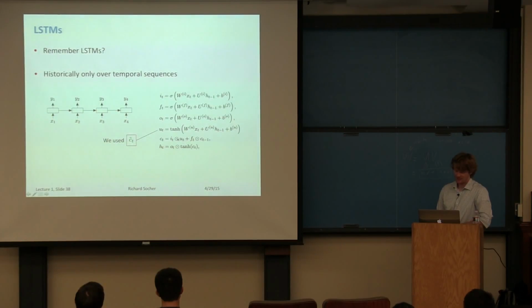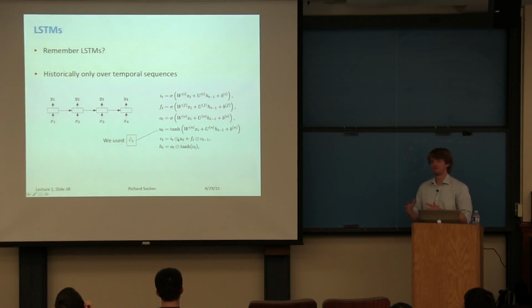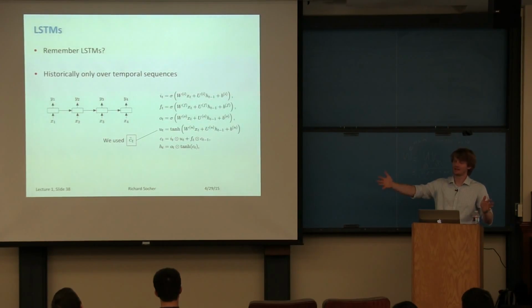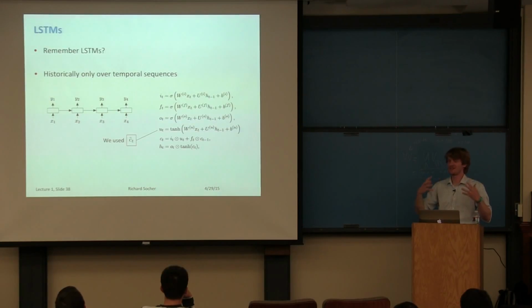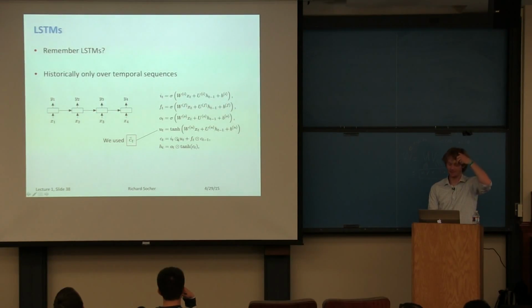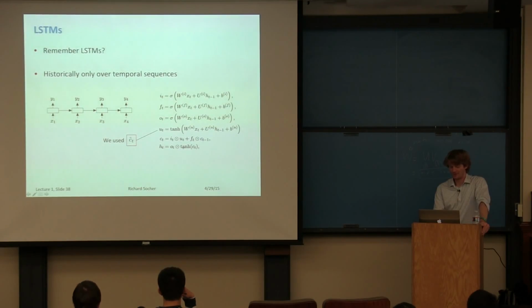Here again, instead of the Hadamard element-wise multiplication with a little circle, they use a circle with a dot. I hope that when I introduce you to these different kinds of notations, you eventually can read papers, look at the equations, and see the semantics of the actual equations despite slightly different notation. So the dot here is again just an element-wise product. And then we had our output. The final output was basically a tanh layer of our memory cell times the output gate.